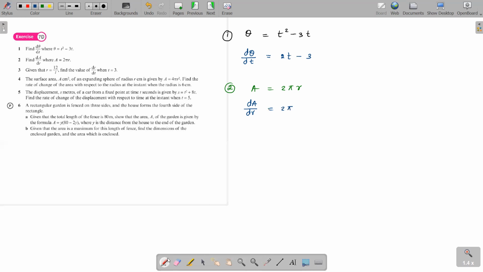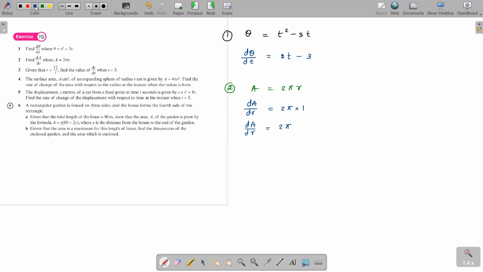Like you differentiate x, differentiation of r gives you simply 1. When you differentiate x, you get 1, right? Likewise, just r is 1. You're simply changing letters, nothing more than that. The y is replaced by A, the x is replaced by r. So basically your dA/dr is 2π.